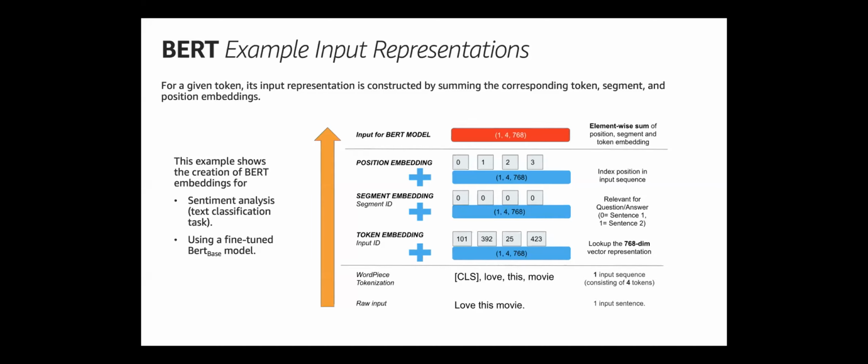If I just pass one sentence here, it's 0. And then I also record the position of each token. So the first one encoded with the ID 0, and then the fourth one with the ID 3. And after that, I do an element-wise sum of those 3 embeddings of the token, segment, and position embedding. And this is basically my input embedding for the BERT model.